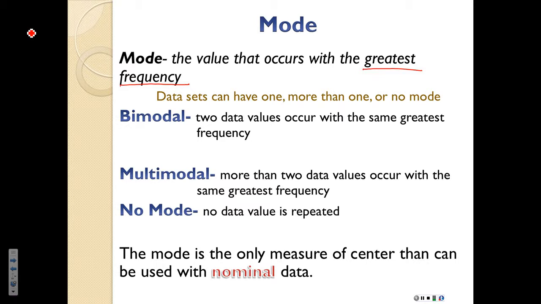Data sets can have one, more than one, or no mode. If you're bimodal, you have two data values that occur at the greatest frequency. If you're multimodal, you have more than two. No mode means no data value is repeated.